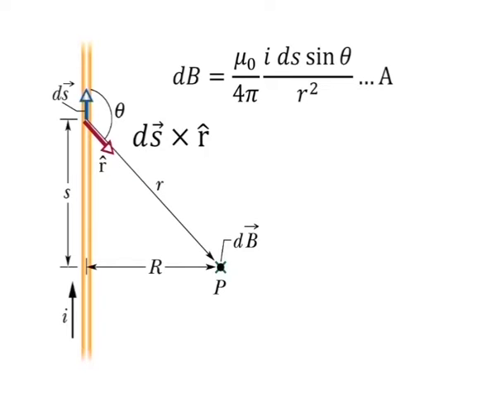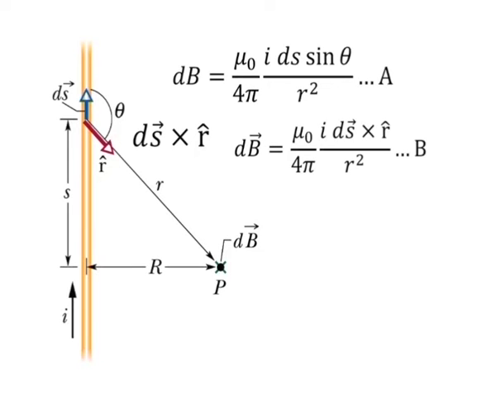Thus, we can find the magnitude of the magnetic field produced at P by the current length elements in the upper half of the infinitely long wire by integrating dB in equation A from 0 to infinity. Now consider a current length element in the lower half of the wire, one that is as far below P as ds is above P.